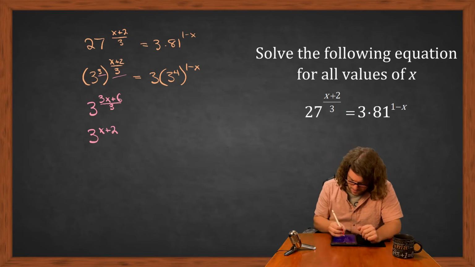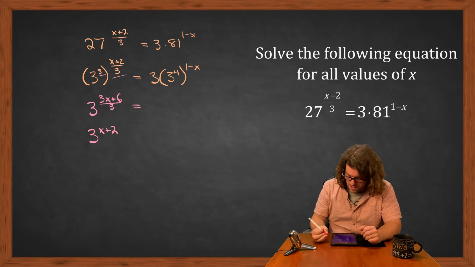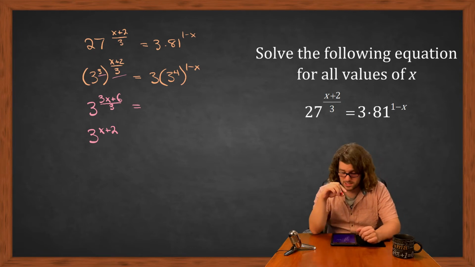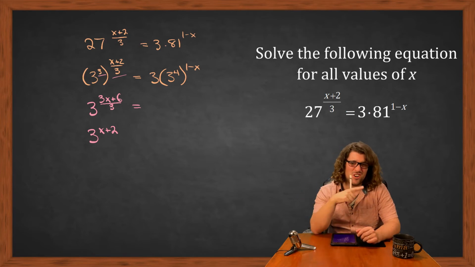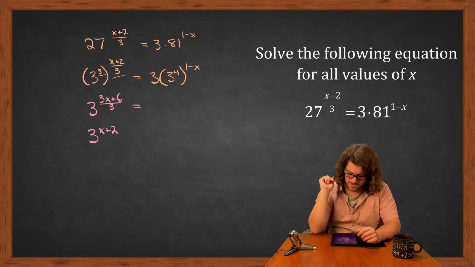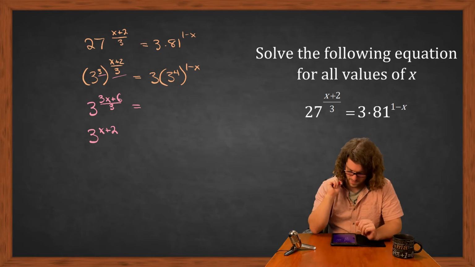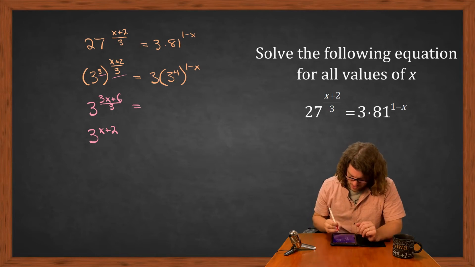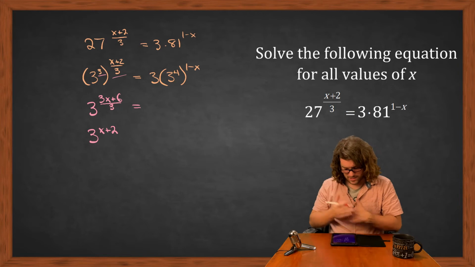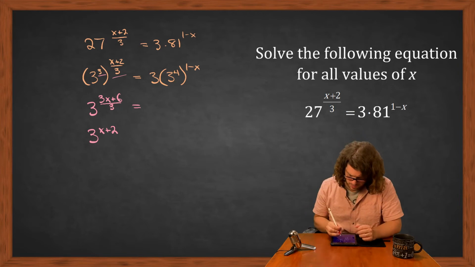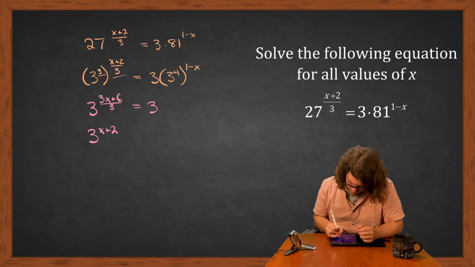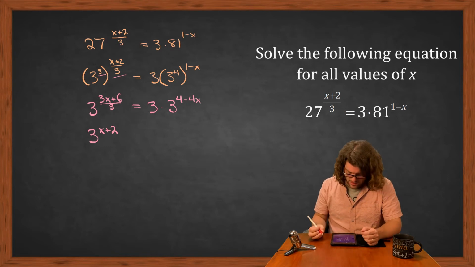Anyway, that's fine. On the other side of my equation, I need to deal with the exponent on the bracket first before I can start trying to tuck that 3 inside. So again, that is a base of 3 to the exponent 4 raised to another exponent, so we do a multiplication there. I leave my 3 alone on the front, and I'm going to get 3 to the power of 4 minus 4x.